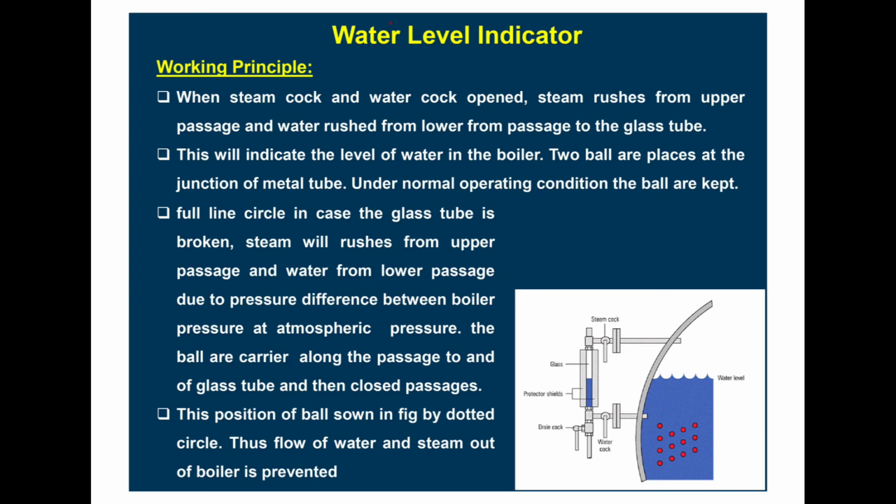The balls are carried along the passage to the end of the glass tube and then close the passage. This position of the ball is shown in the figure by the dotted circle. Thus the flow of water and steam out of the boiler is prevented. With this I have concluded this steam boiler topic.